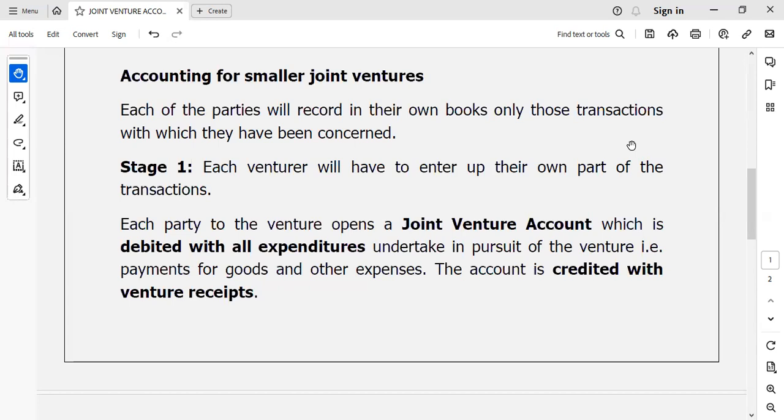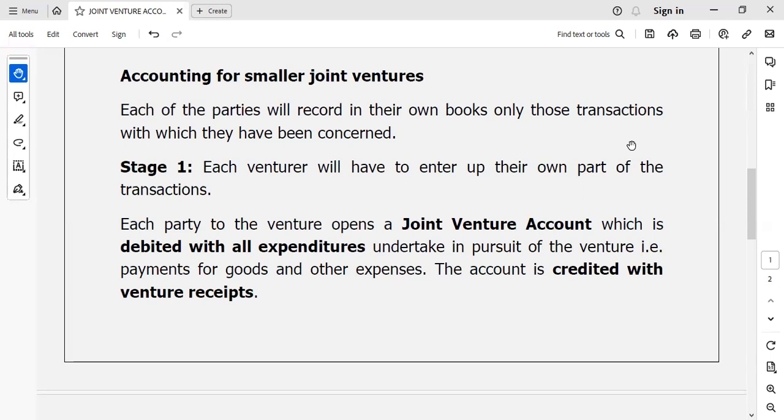So in the first stage, each venturer will have to enter up their own part of the transactions. Each party to the venture opens up what we call a joint venture account. This joint venture account is debited with all the expenditures undertaken in pursuit of the venture, i.e. the payments for goods and other expenses.